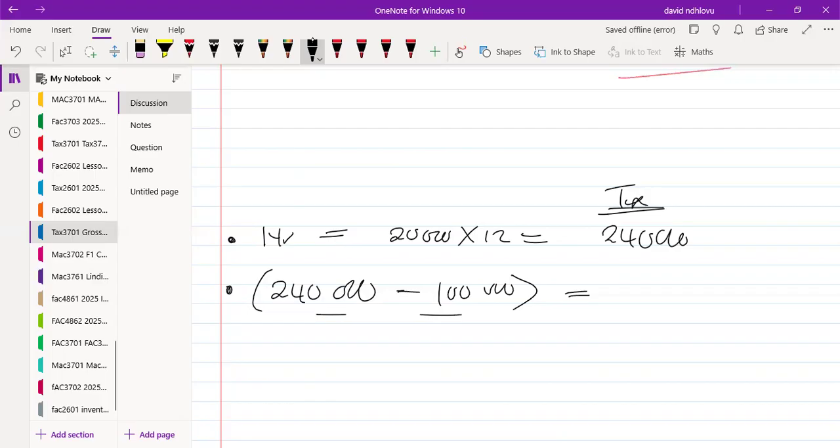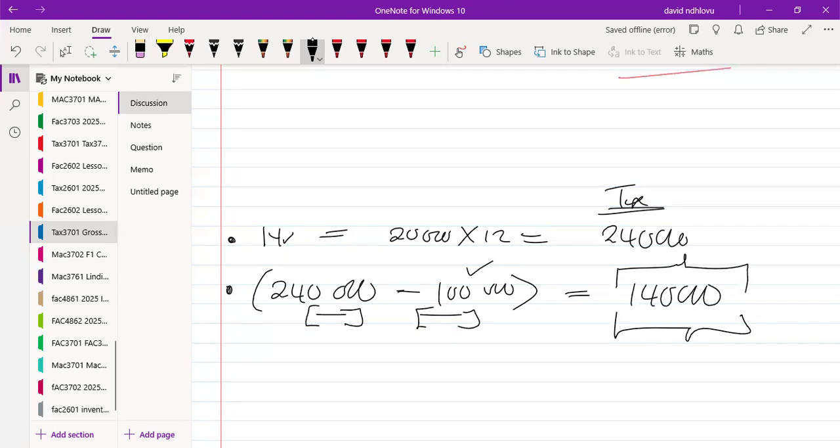Yes, so what people were doing was to calculate the total amount of rent and say to the client, make improvements. The client will make improvements of say 100,000 and then 140,000 will be the additional amount earned. So this amount is what the taxpayers were disclosing to SARS. But SARS then said, no, that is not correct.